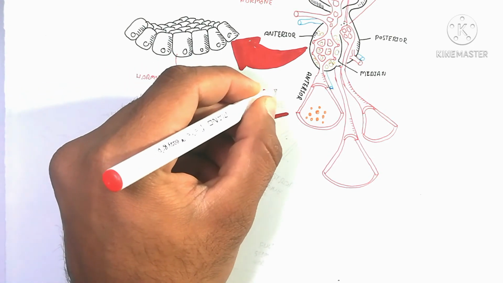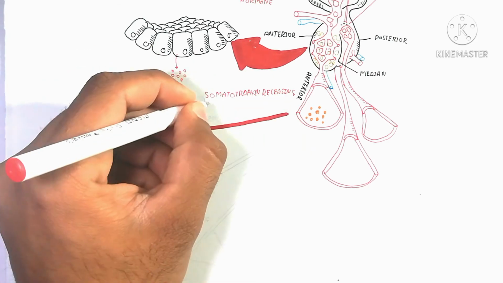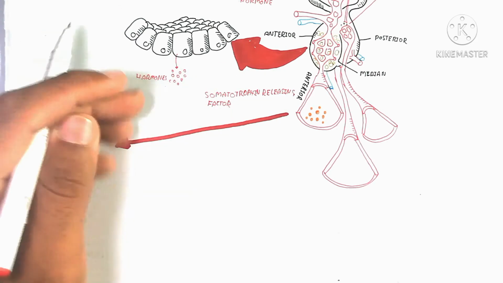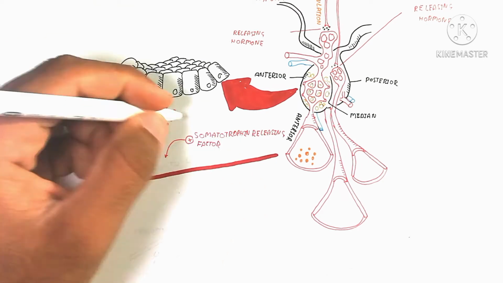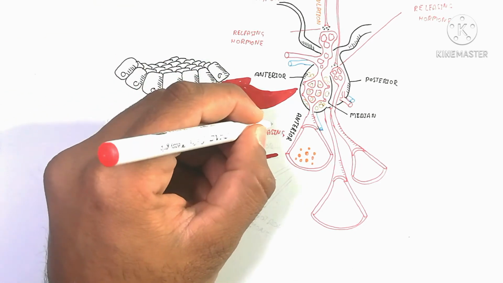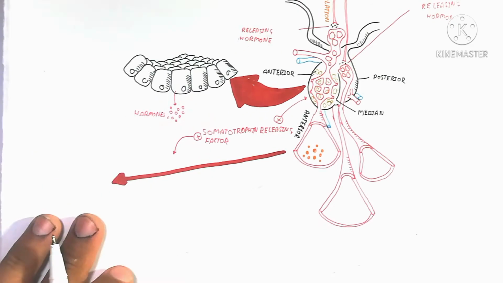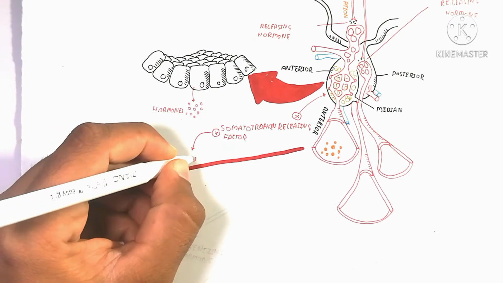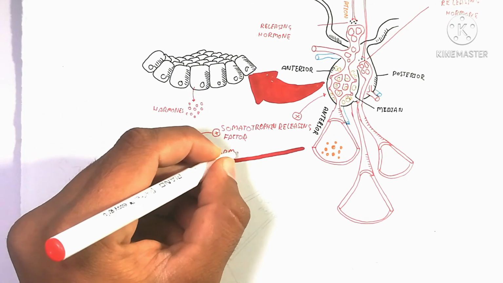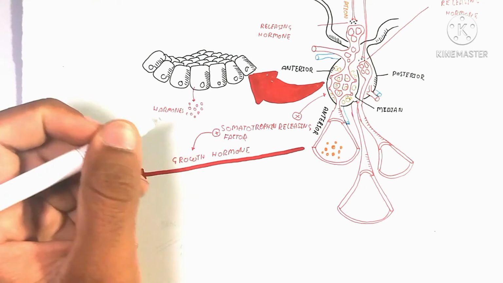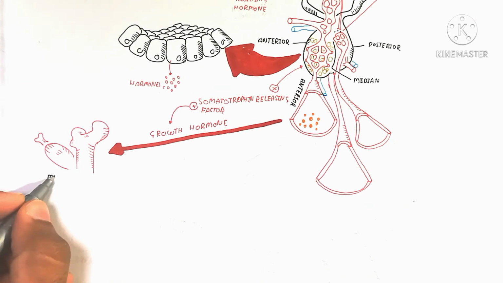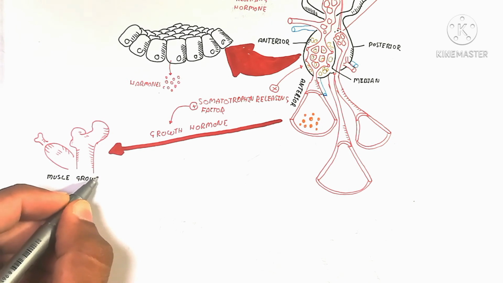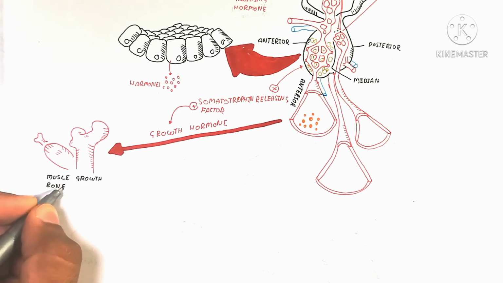The stimulus can be a low level of growth hormone, a low level of testosterone, or a low level of T3 or T4 produced by the thyroid gland. First we will discuss the somatotropin releasing factor, which affects the anterior pituitary to produce growth hormone, also known as somatotropic hormone.